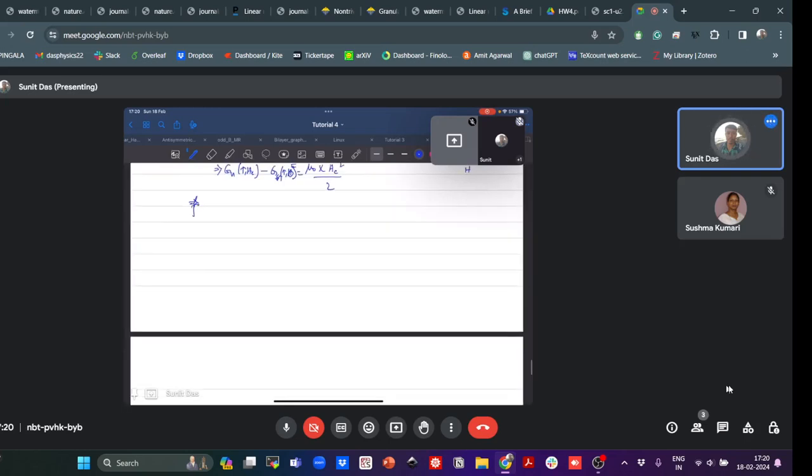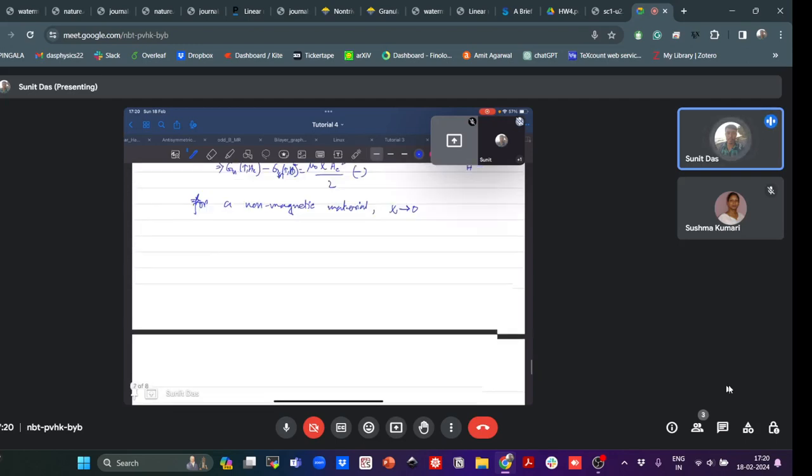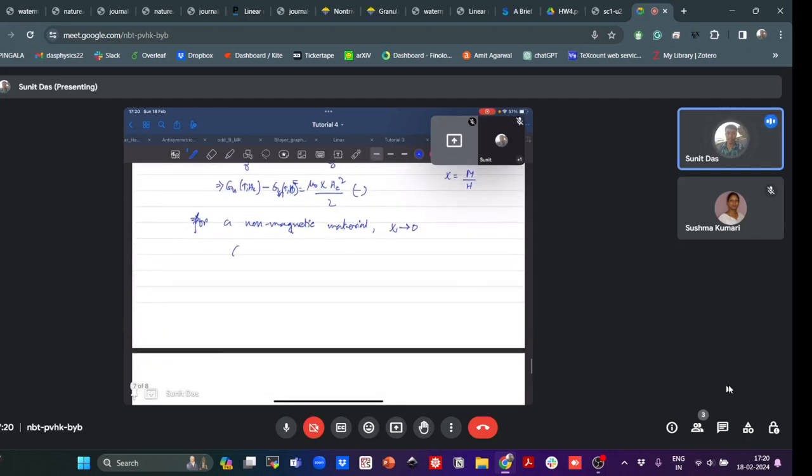Here there will be an extra negative sign. For a non-magnetic material, chi is 0, right? Magnetic susceptibility almost tends to 0 for a non-magnetic material. So this gives us G_N(T, Hc) equal to G_N(T) at 0 magnetic field. Okay, so this is equation 3.